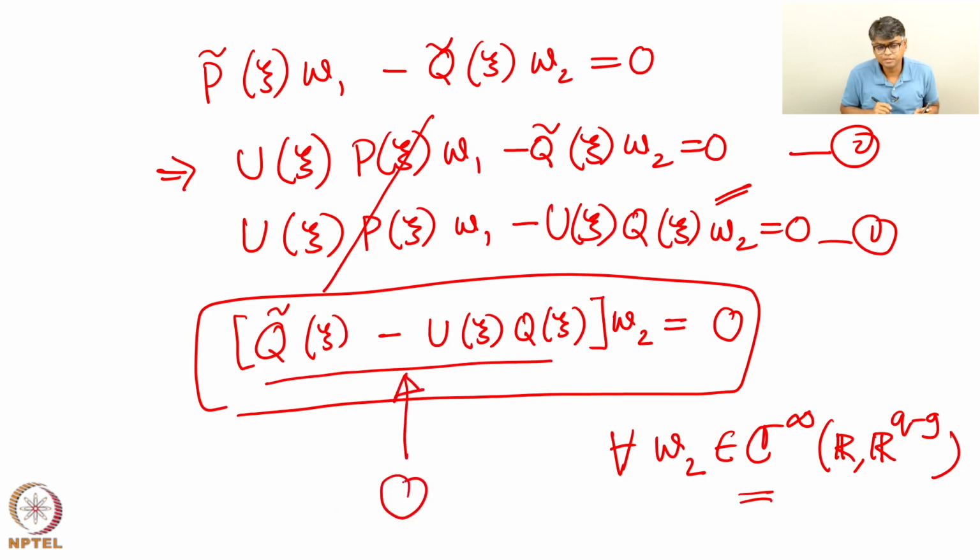This matrix must be the 0 matrix. Remember, some operator that takes every vector in the full space to 0 must be the 0 operator, correct? So here the differential operator that takes every C infinity trajectory to the 0 trajectory must be the 0 operator.